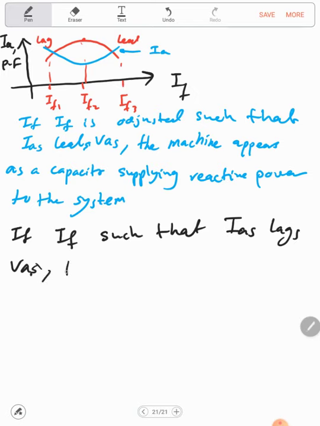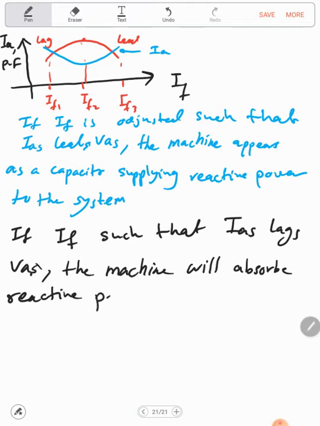In this case, the machine will absorb reactive power from the system.